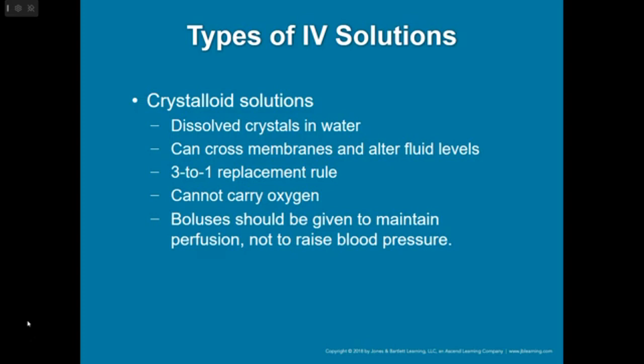3-to-1 replacement rule. So we talked about the 3-to-1 a little bit there. And what that's really just telling you is if you lost 1 milliliter of blood, you're going to have to replace that with 3 milliliters of that crystalloid solution just for the fluid, because within 1 hour, 2/3 of whatever fluid it is that you just gave will actually leave that vascular space and go into the interstitial area.